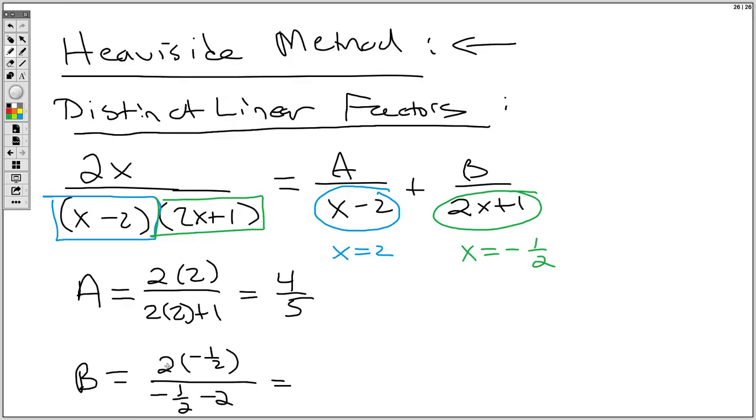So you have in the numerator negative 1 over, what, negative 5/2? So that would be a positive 2/5. Boom, you're done.